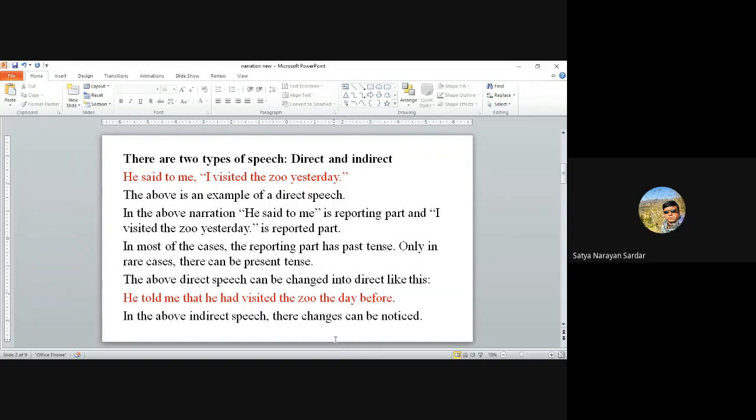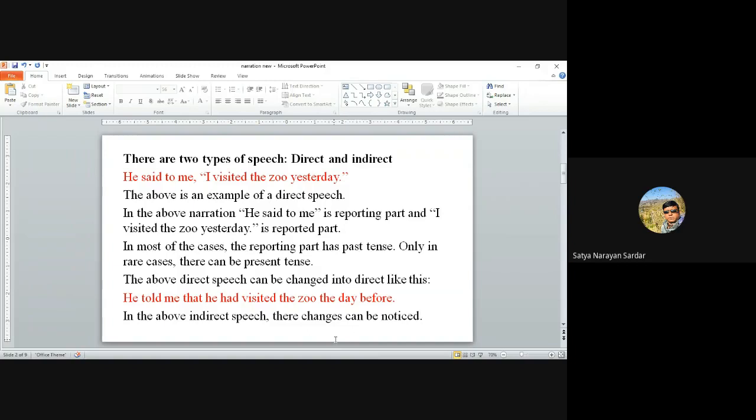If we analyze its parts, then we can say "he said to me" is the reporting part, whereas "I visited the zoo yesterday," inside the inverted commas, is the reported part. In most cases, the reporting part, "he said to me," is in the past tense. In rare cases only, there can be present tense.